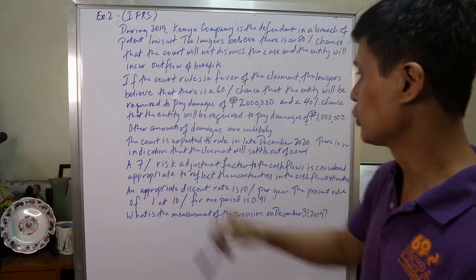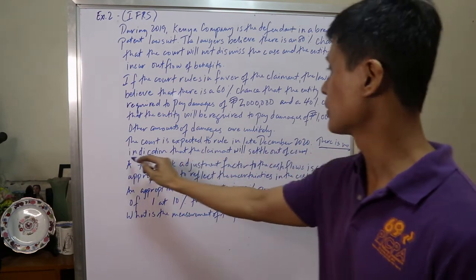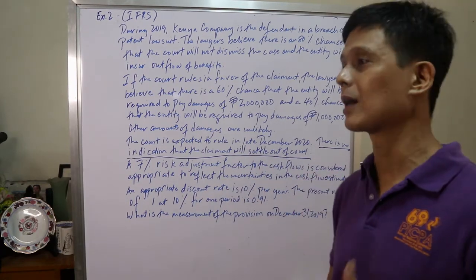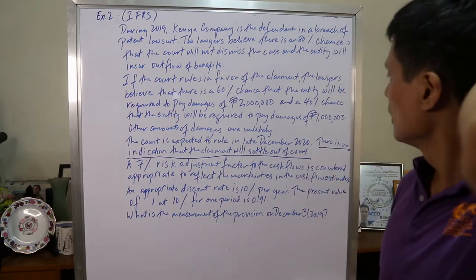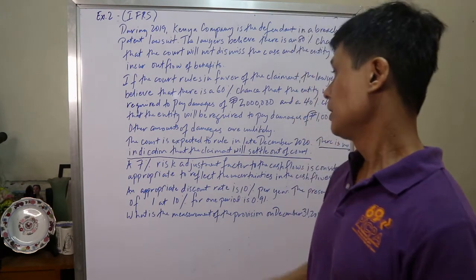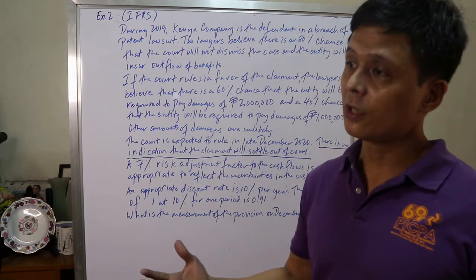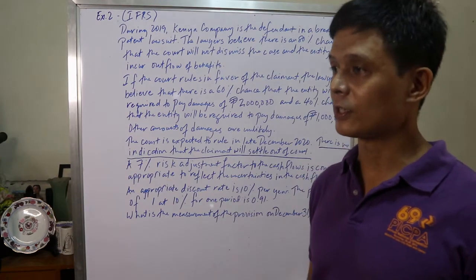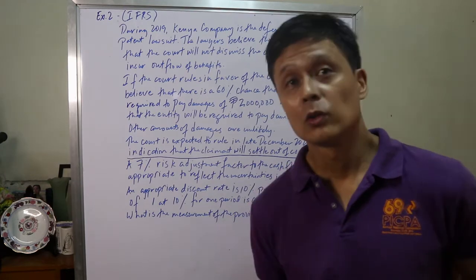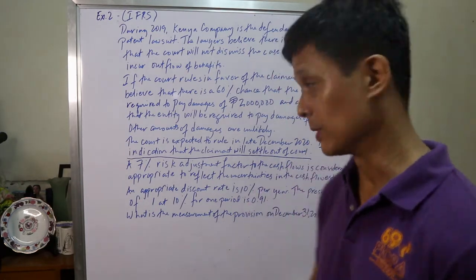There is no indication that the claimant will settle out of court. So hindi siya makikipag-amicable settlement, no? Kailangan tapusin natin 'to sa korte. So in the principle of conservatism, no, yung prudence, we need to recognize that already as a liability.